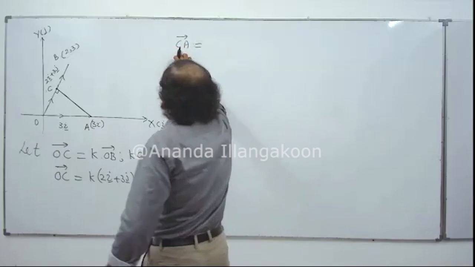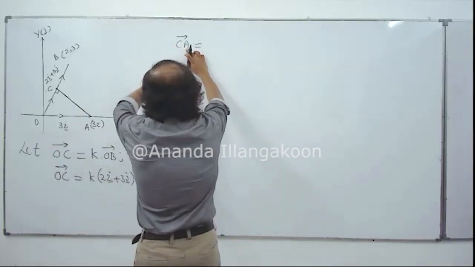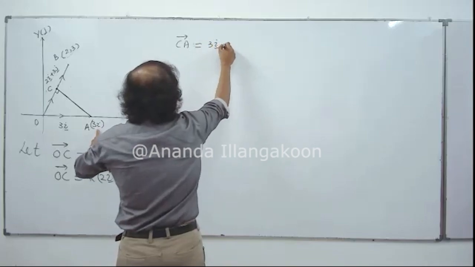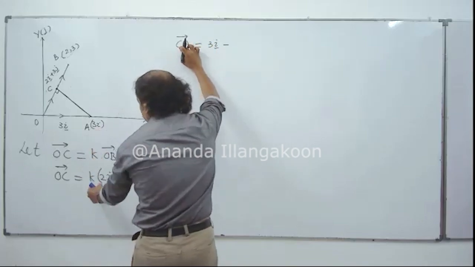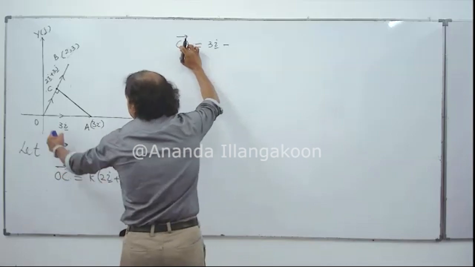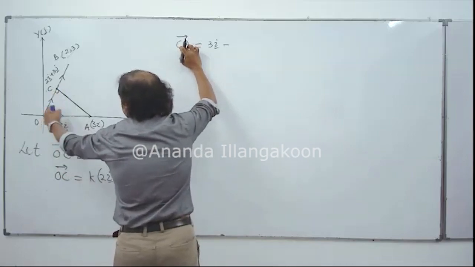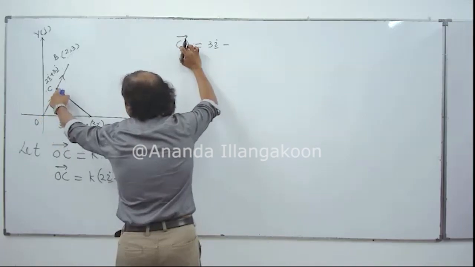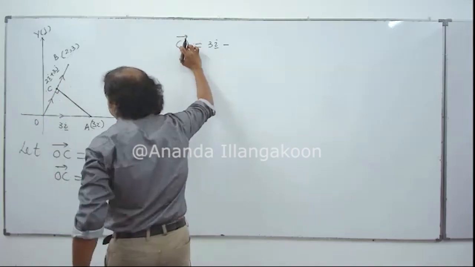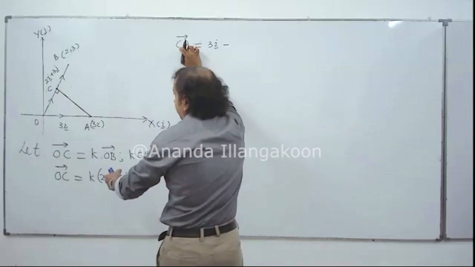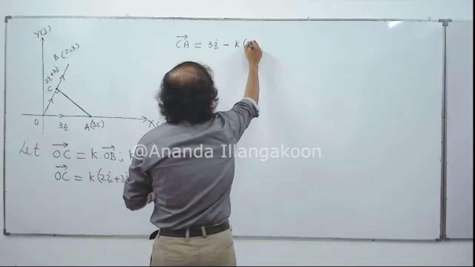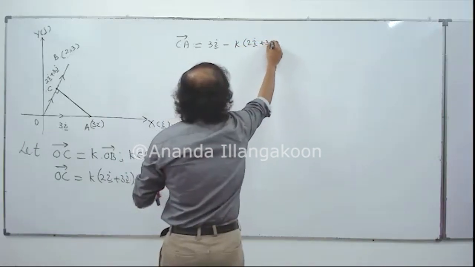The position vector of A is given as 3i, minus the position vector of C. OC means the position vector of C, because a position vector always starts from the origin and ends at that point. And OC is k times (2i plus 3j).